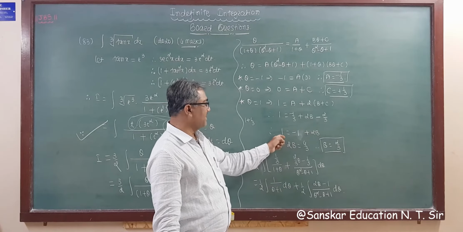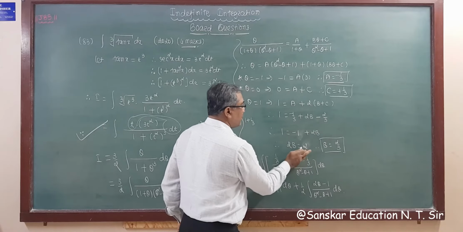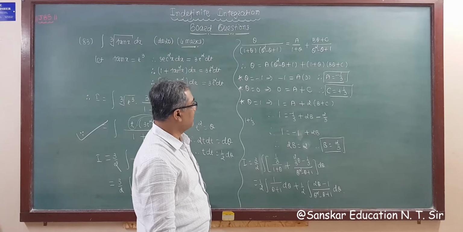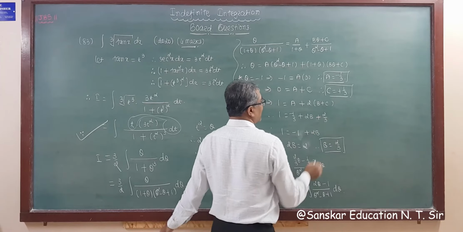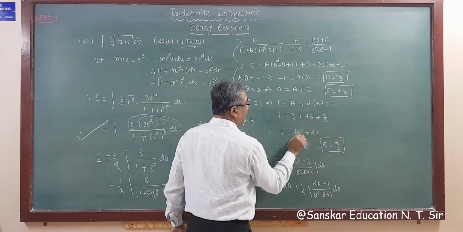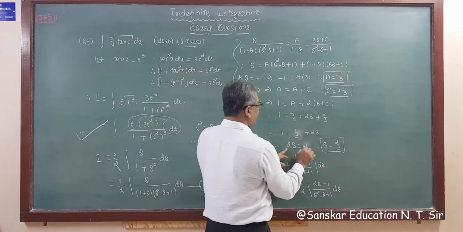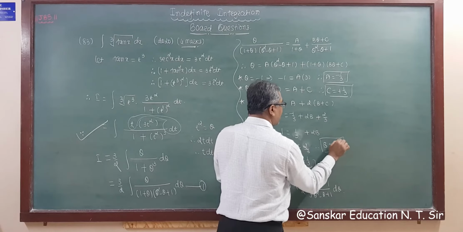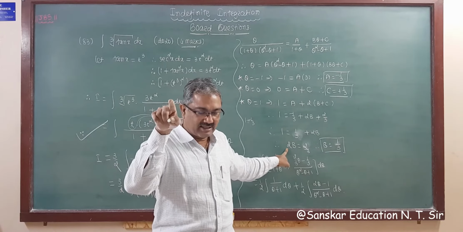So 1 plus 1 is 2, so twice b is equal to 2. But c is again plus 2/3, so 2 minus 1 is 1, so this is 1/3, right? So 1 minus 1/3 is 2/3, so b is 1/3, right? So a is -1/3, that is the correct answer.